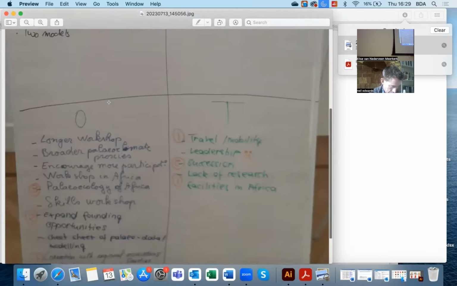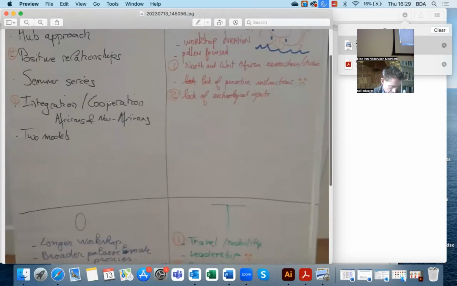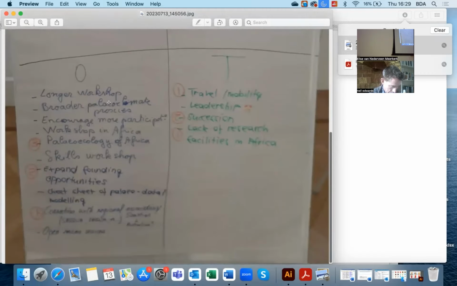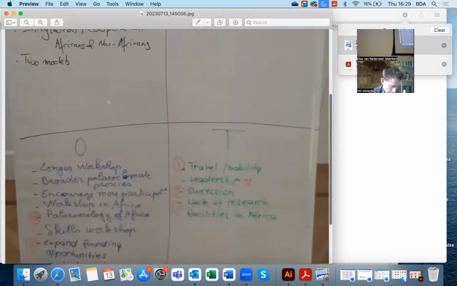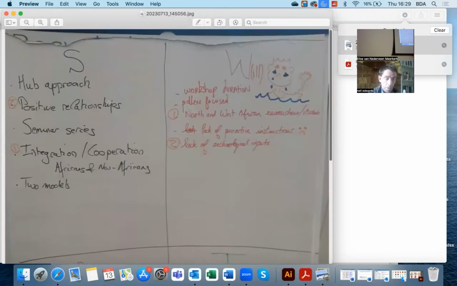What did we mean by that point? Do you remember, the lack of proactive instructions? Yes, I do. It's not that bad. What we were getting at there, which we bring up a little bit later as an opportunity, is that the seminars were all about talking about our research data, talking about what we're doing.